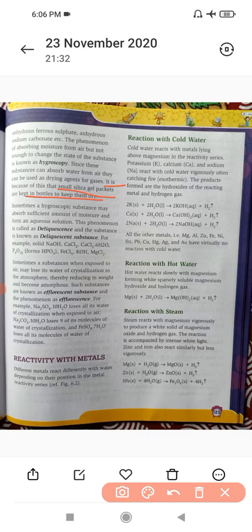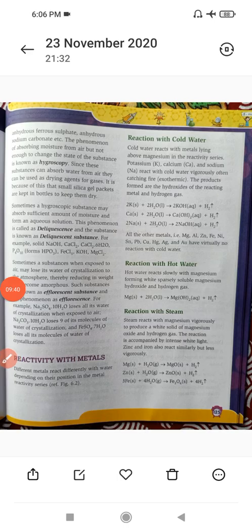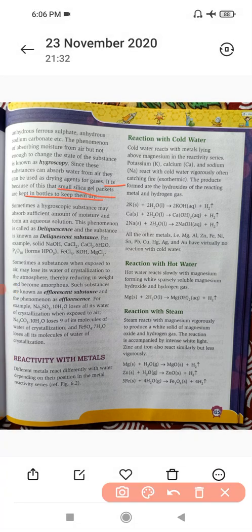They are called silica gel. Silica gel has the power to absorb water molecules and keep the bottle or the shoe dry.